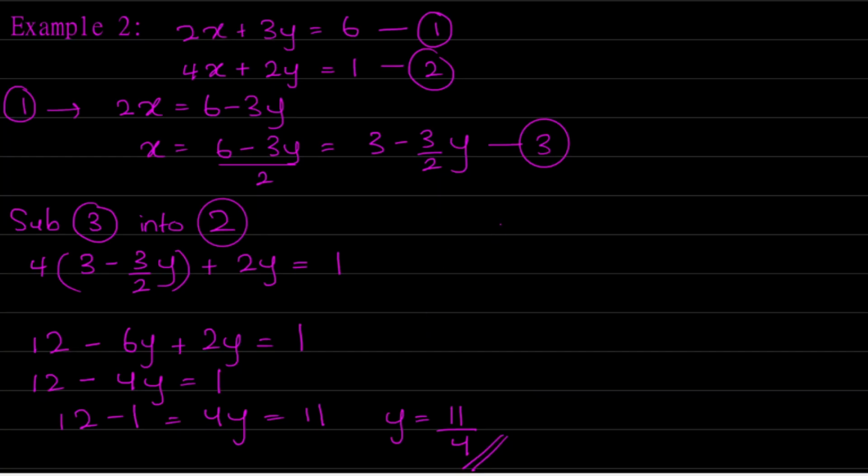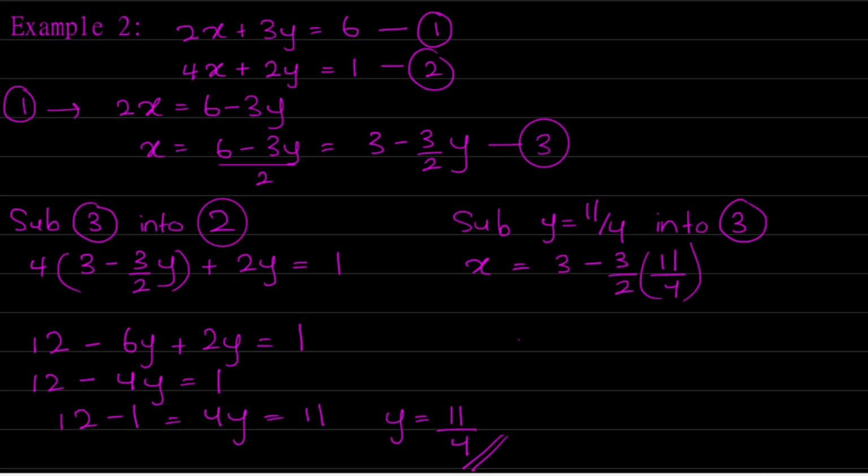Next step is to substitute y equals 11 over 4 into equation 3. And therefore, x is going to be equal to 3 minus 3 over 2, and instead of y, I have 11 over 4.